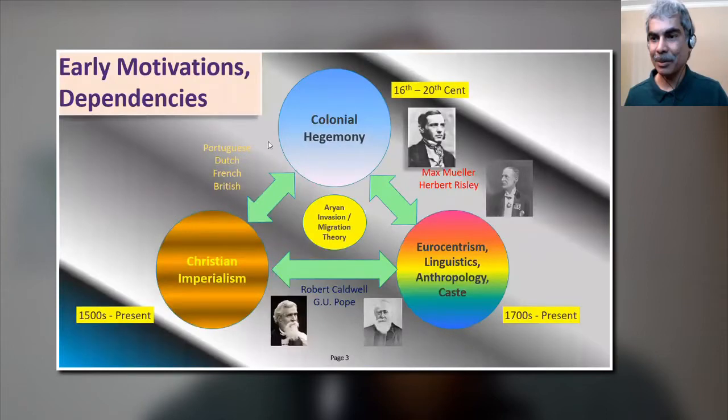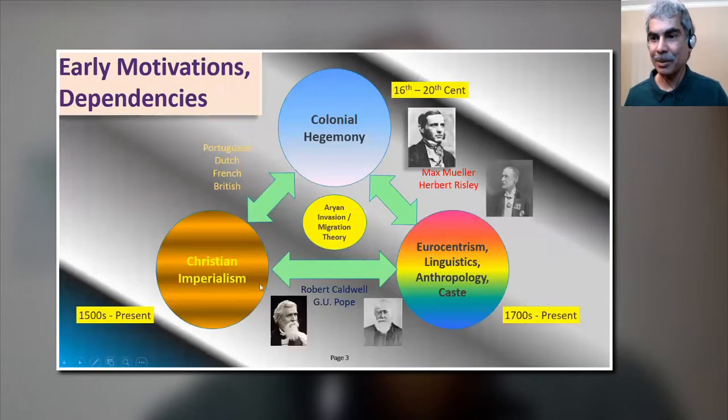Now look at the early motivation. We know that the colonial people, the Portuguese, the Dutch, the French, and the British, were the first to have come to India, taking a look at Indian history and such things from the 16th century onwards. They were soon followed by Christian imperialism, the missionaries who took it upon themselves to say that, yes, they need to civilize these Indians and get them to Christianity.